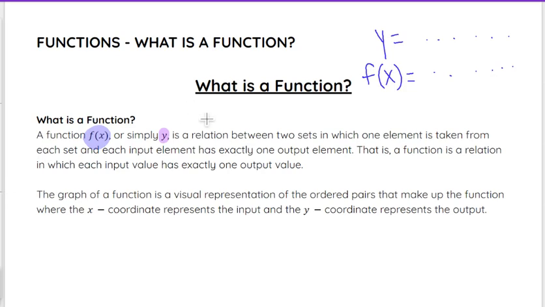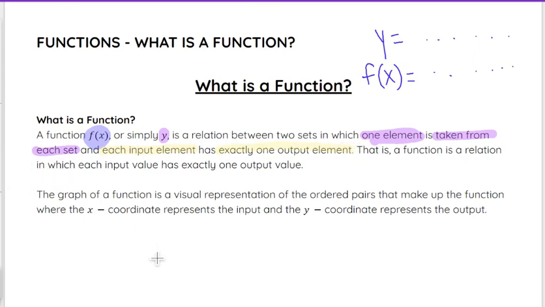So a function is basically just a relation between two sets in which one element is taken from each set, and each input has exactly one output. And that's key there.